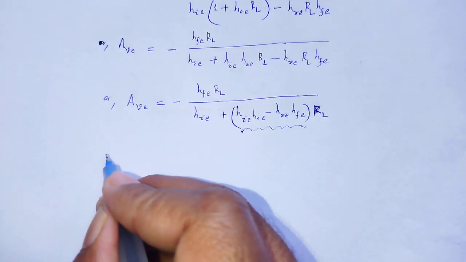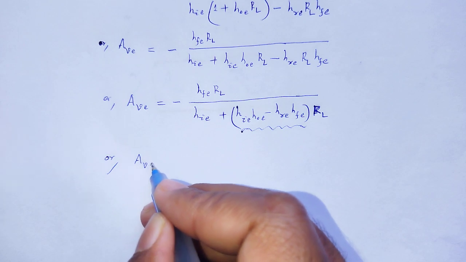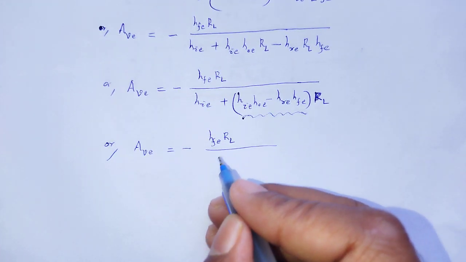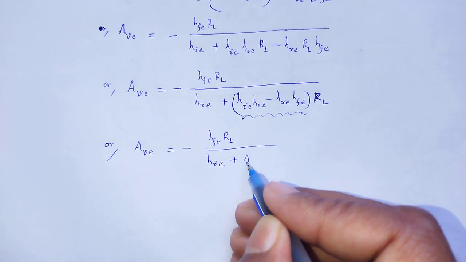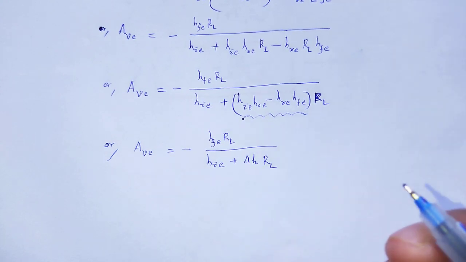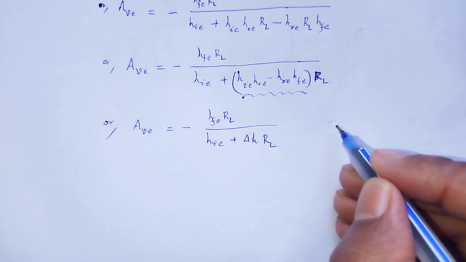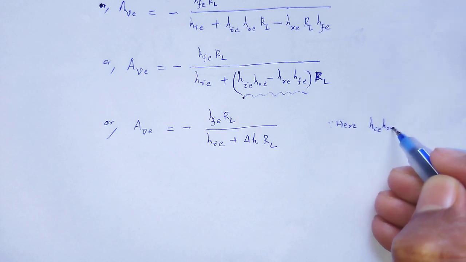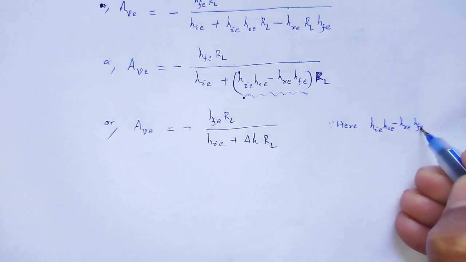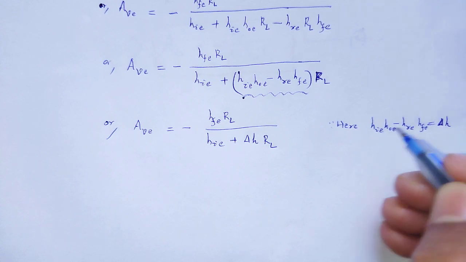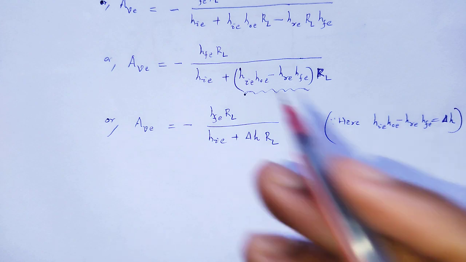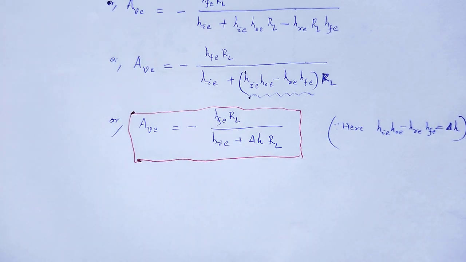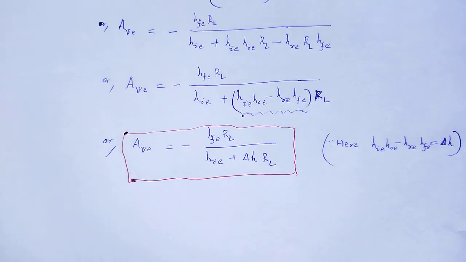That expression is written as AVE is equal to minus HFE RL divided by HIE plus del H RL, where HIE HOE minus HRE HFE is equal to del H. That one is the expression for voltage gain. I am taking it as equation number 6.